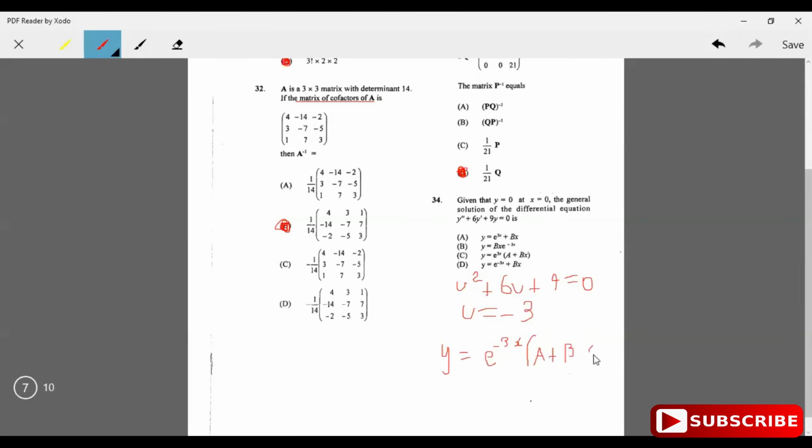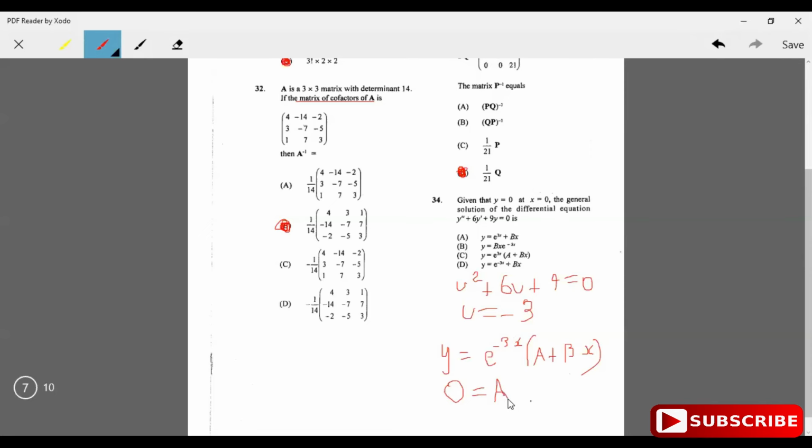And then they told us that when y is 0, x is 0. Wait, sir, are the roots real and distinct? Real and equal. Oh, equal. Yeah. So 0 is equal to... x is 0, and so e to the 0 is 1, so we're getting a is equal to 0.